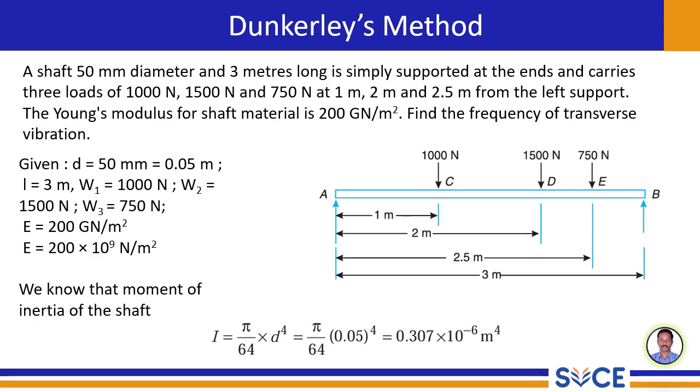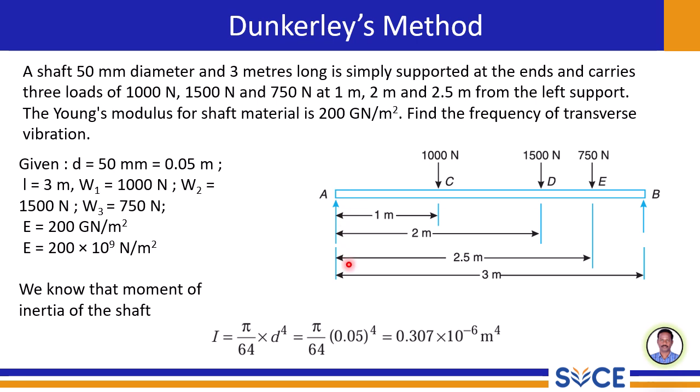Let's consider a numerical example to solidify our understanding of how to apply Dunkerley's method to a shaft with point loads. As per this problem, we have a shaft with a diameter of 50 mm and a length of 3 meters. This shaft is simply supported at the ends and carries 3 loads: 1000 Newton at 1 meter, 1500 Newton at 2 meters, and 750 Newton at 2.5 meters from the left support.